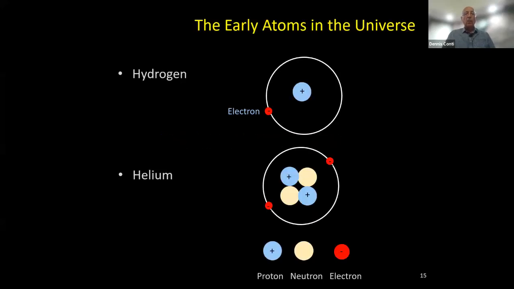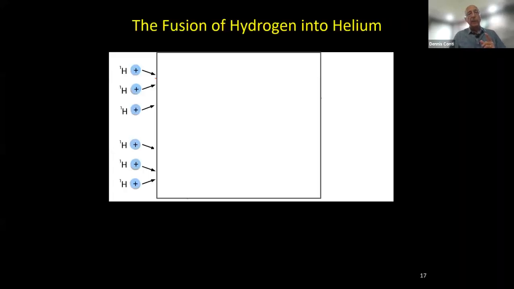Now, one of the things that we're going to see drives the formation of energy out of stars, and in fact drives nuclear reactions in our nuclear reactors, and drives, unfortunately, nuclear bombs, is the coming together of hydrogen to form helium, because there's energy that's released in that. And we'll talk about that.